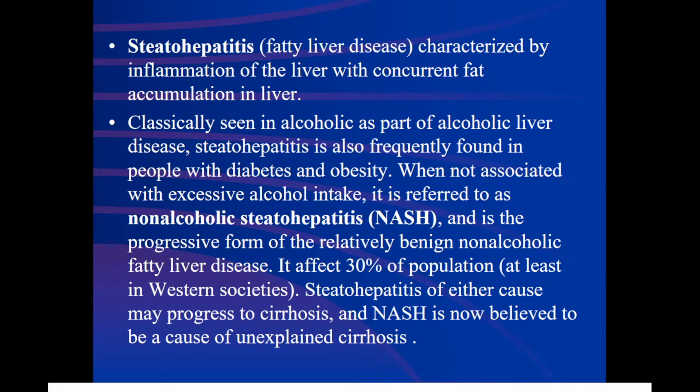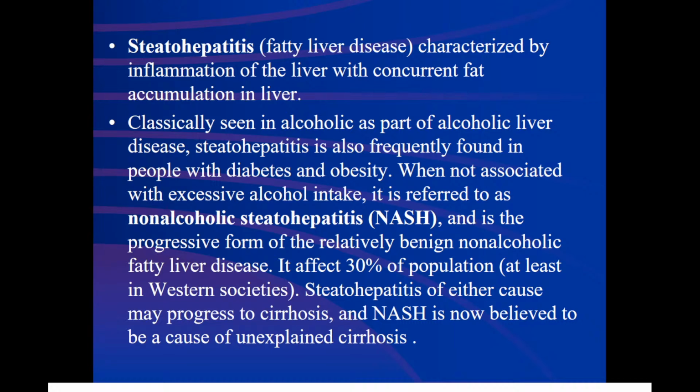So I want to tell again that this problem is very common because obesity is very common in the population nowadays, and fatty liver disease develops in many persons, but not always is it accompanied by inflammation. Mostly it is benign, but in some persons it is accompanied by inflammation. In this case, it is called steatohepatitis.